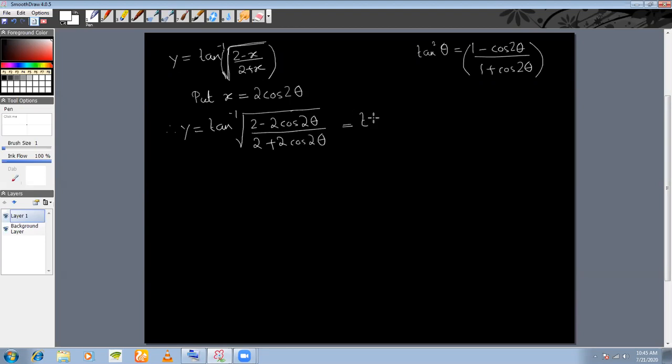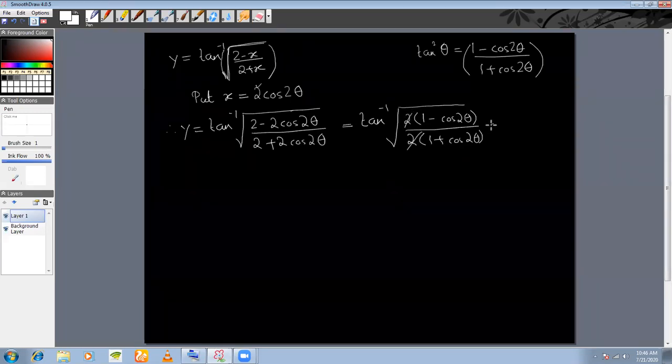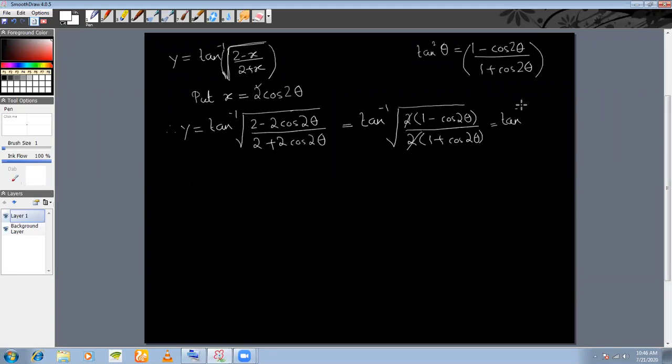So this becomes tan inverse root of (2 times (1 minus cos 2 theta)) by (2 times (1 plus cos 2 theta)). That is why I took a 2 there and a 2 here, so that it cancels. Which is equal to tan inverse root of tan square theta, which is equal to tan inverse tan theta, which is simply theta.